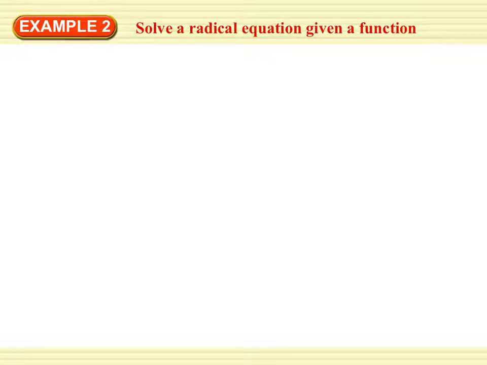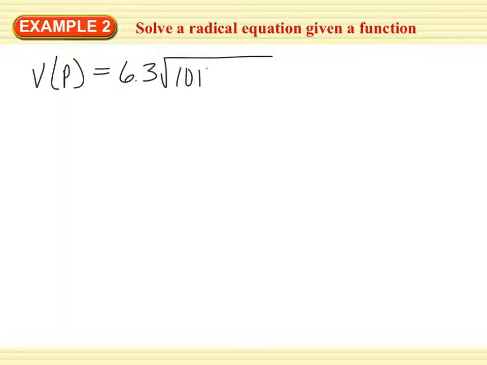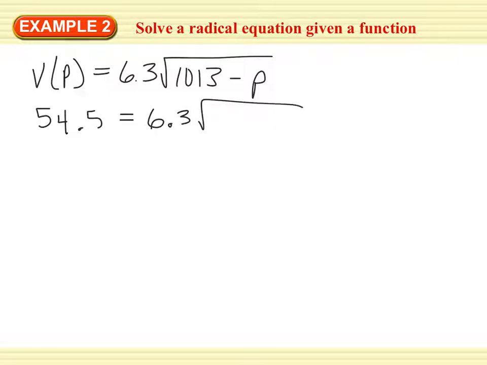So I need to write that equation down. 6.3 square root of 1013 minus P. Now they just told me that this is my wind velocity. So let's go ahead and try to solve for P.